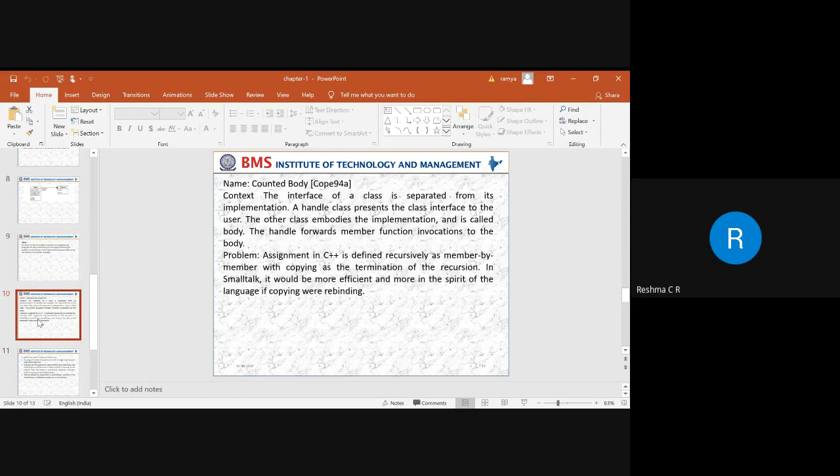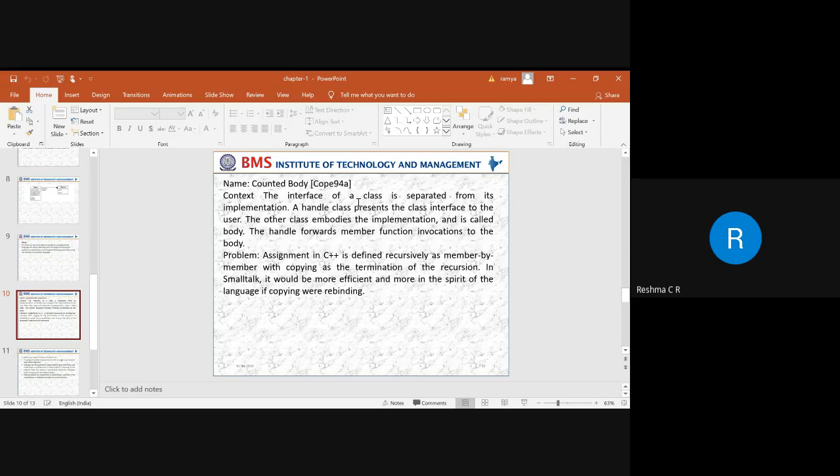When we say an idiom, we can take an example of a template for an idiom. The name of our idiom is counted body. The context here is we need to create an interface. Whatever interface we have created, we need to have a particular class to handle that interface.